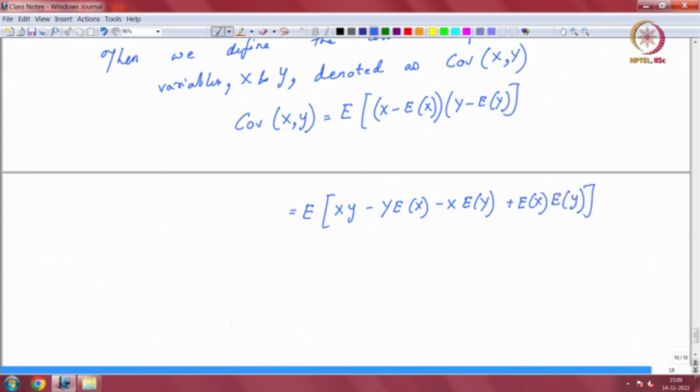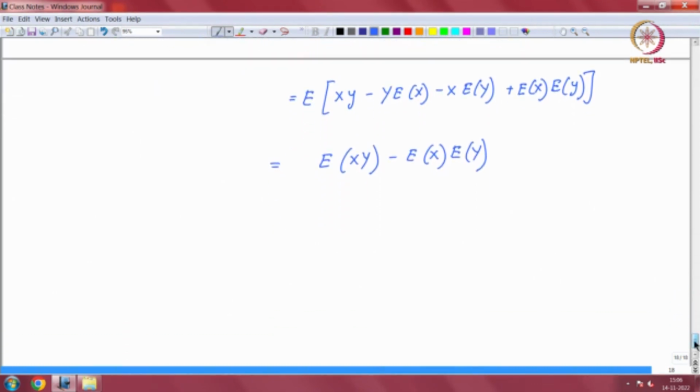Now, expectation x is already a fixed value. So, if you take the expectation of y times expectation of x, it is nothing but the expectation of y multiplied by the expectation of x. So, if you simplify this overall thing, you essentially end up getting this. So, this defines a function called covariance, which is a very important function.